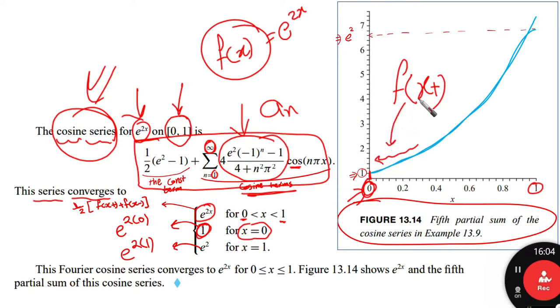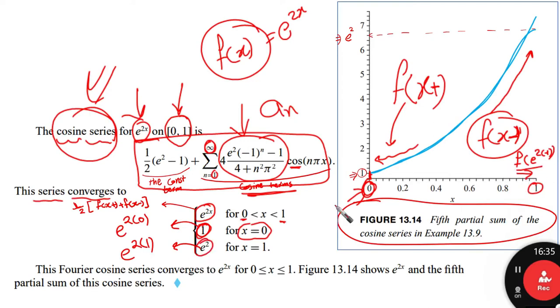Approaching 1 means approaching from the left. So approaching here from the left means f of what? e raised to the power 2 times 1. So how much? Yes, it will be e squared. So at 1, we're going to end up with, exactly, as you can see, e squared. That's right, between 6 and 7 almost, right?